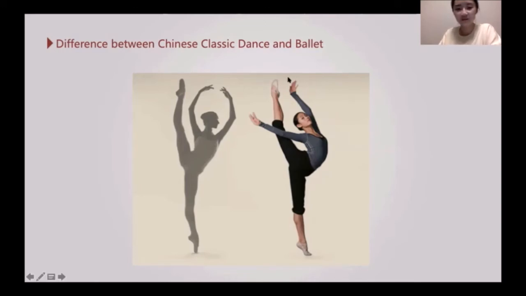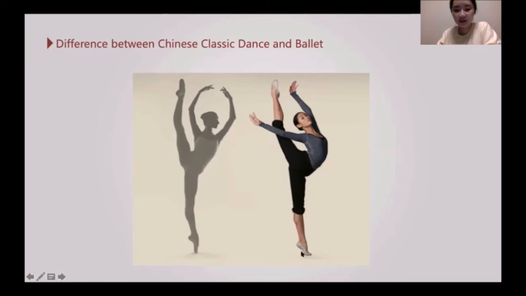Before we talk about it deeply, we can try to find some small things from this picture. You can think about it and guess what I'm going to talk about. The first thing I found is that their hands are really different. As you can see, the ballet dancers' palms are always facing inside toward their body, whatever they do. But the Chinese dancers' palms are always facing outside, as you can see here, one facing the ceiling and the other facing to the side. So the palms never face their body.